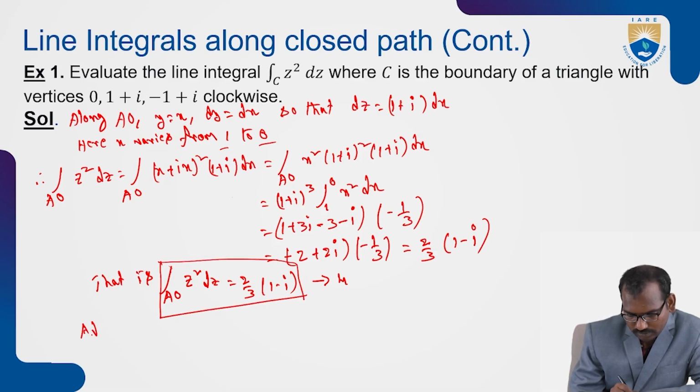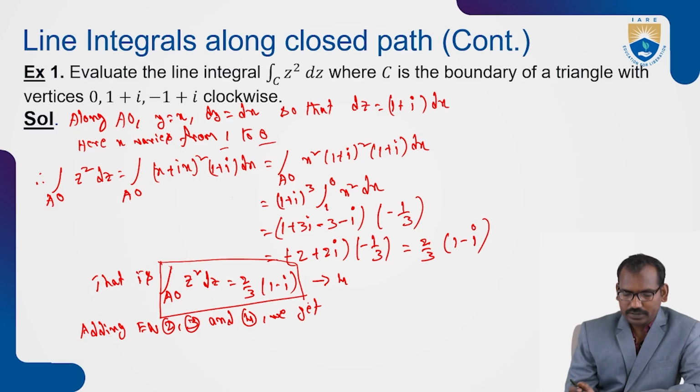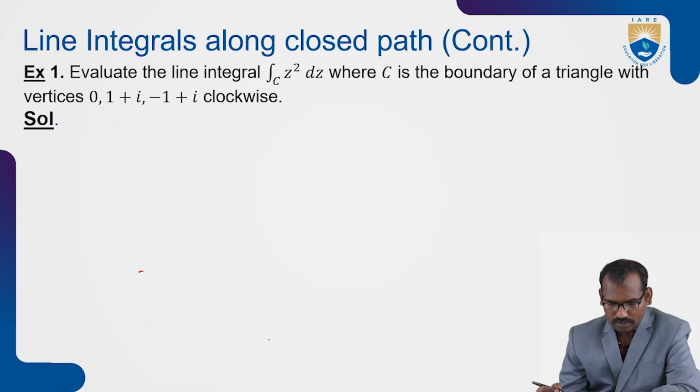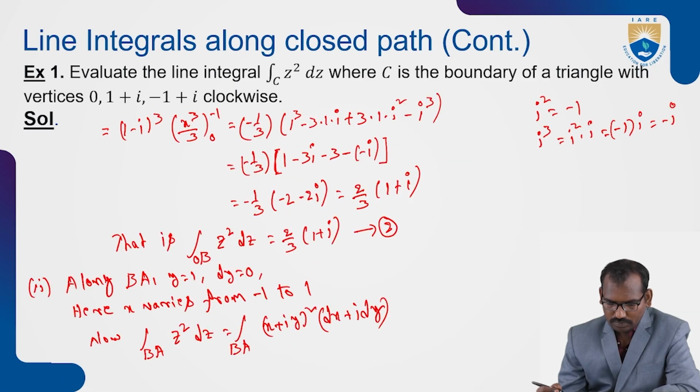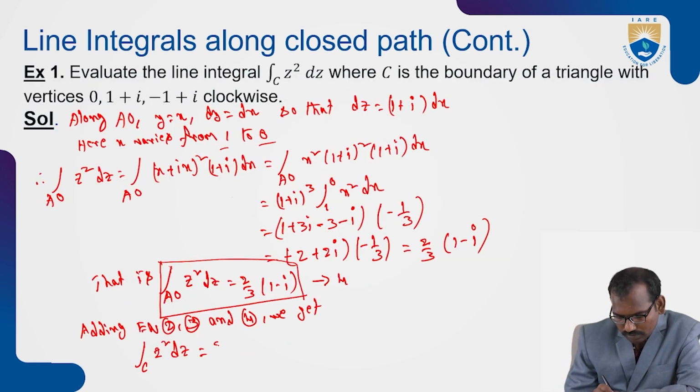Adding equations 2, 3 and 4, we get integration along C of z square dz is equal to, from equation 1 we have 2 by 3, (1 plus i).